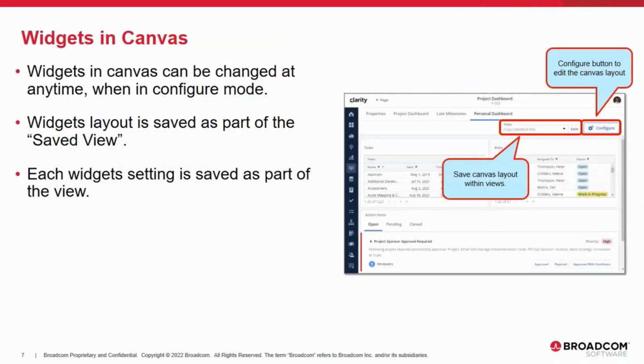Once the widgets have been added to the canvas, the widget layout can be saved using the saved view, and the settings of each individual widget can also be configured and are also saved as part of the saved view within that canvas.